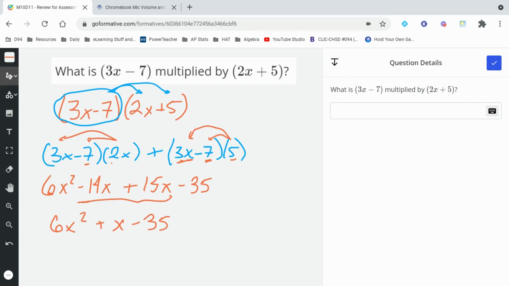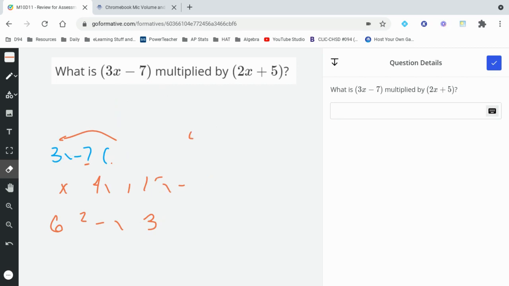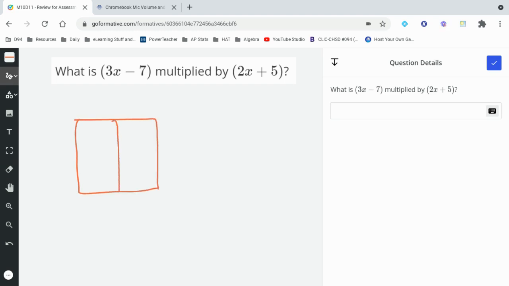I'll show you the box method here because I would say about half my class likes the visual of that. Half my class likes what I just did. So if I do the box method, and again, this is more of a geometric type of thing, we're basically finding the area of this square.